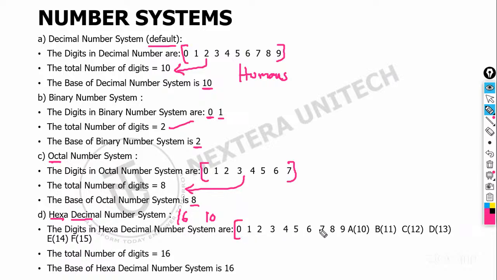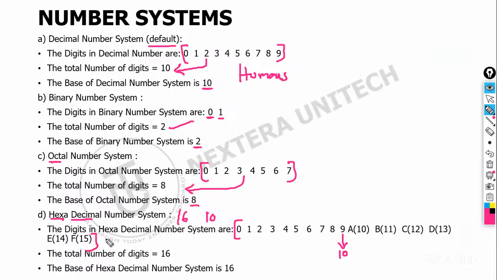Starting from 0 till 9, we have 10 digits, followed by the rest of the 6 digits, which have come up as alphabets. A is nothing but 10, B is 11, C is 12, D is 13, E is 14, F is 15.